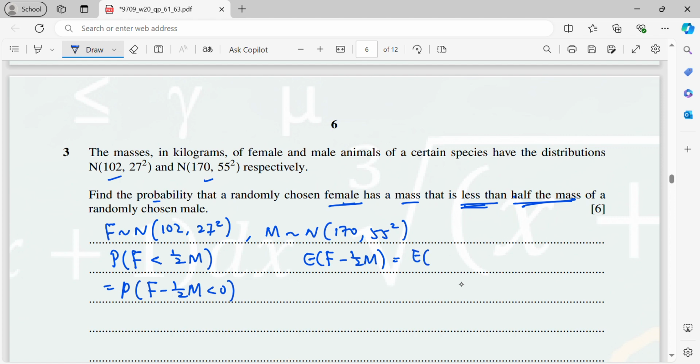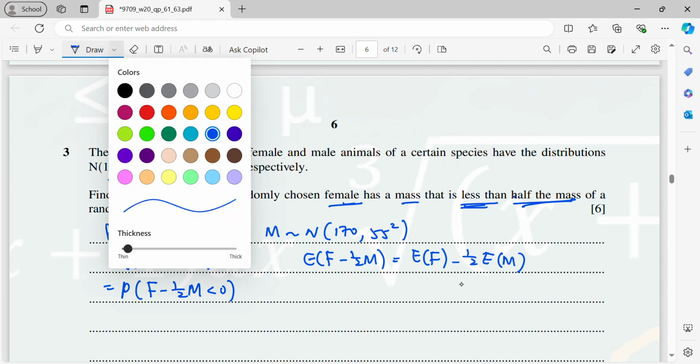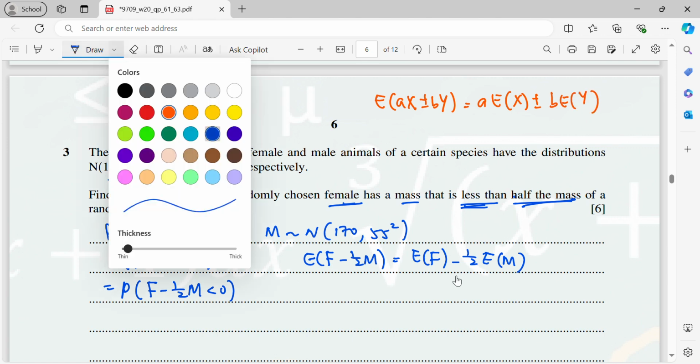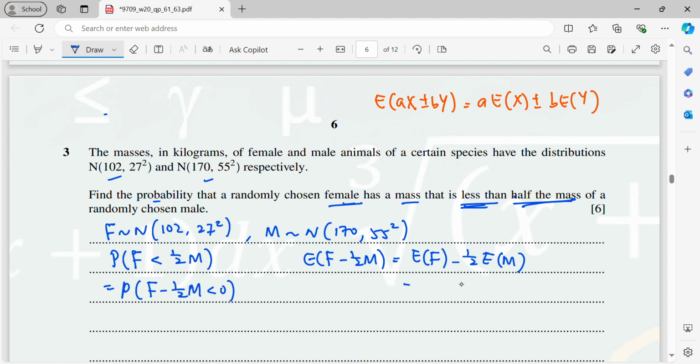So this is the same as E(F) minus half E(M), because our formula is the expected value of aX plus or minus bY, which is a times the expected value of X plus or minus b times the expected value of Y. Here, this is going to be 102 minus half of 170. That is going to be 17.